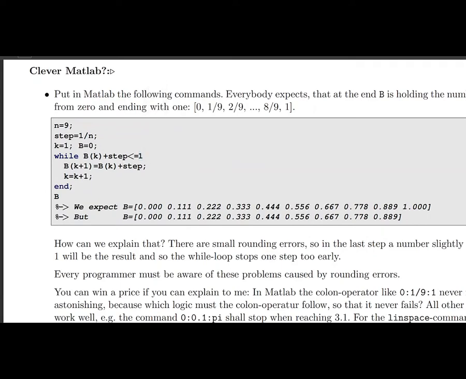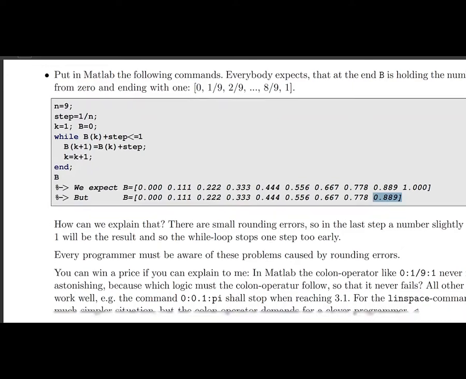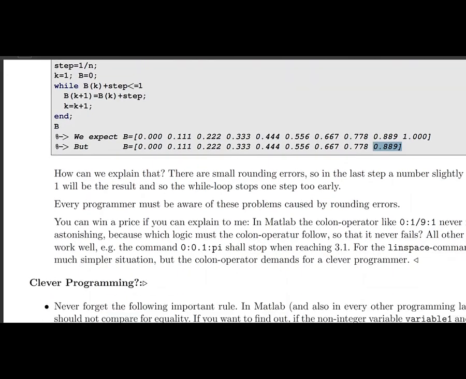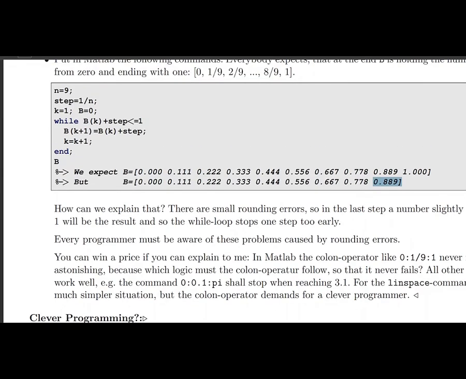So this while condition will not hold true, and so we lose this 1, and we will end with 0.8888. That is very interesting, and I would never have expected such a thing being a student. But now we know this is a very risky programming, and you should never do things like that.